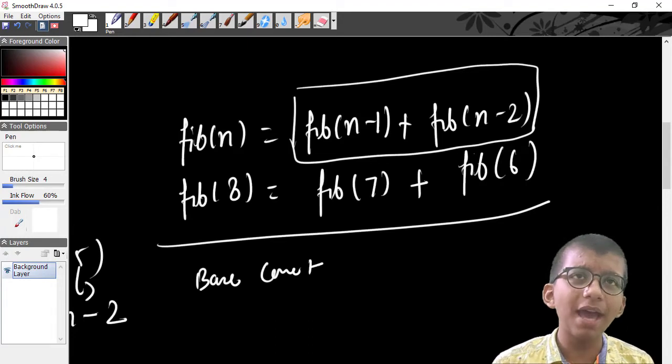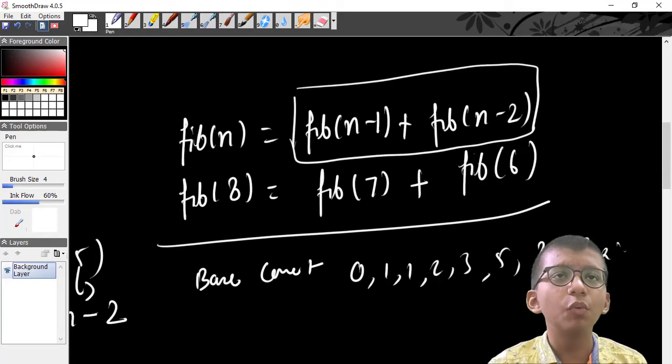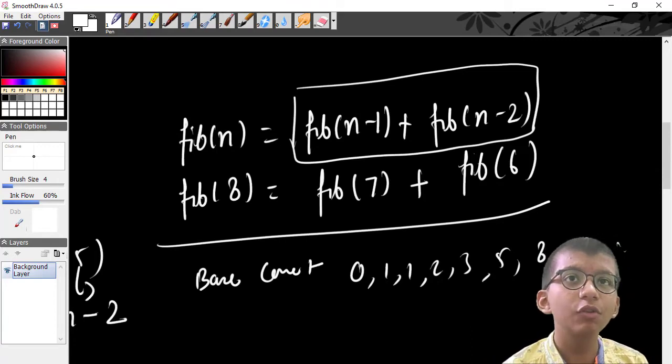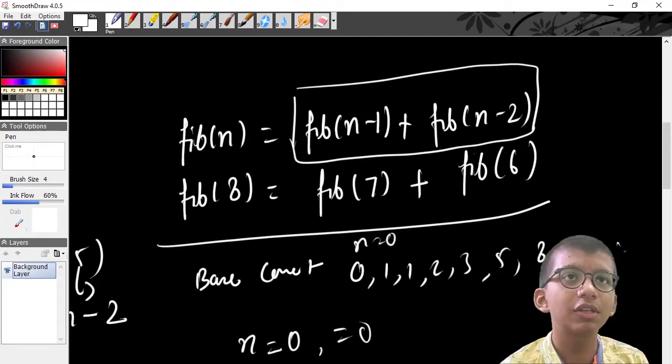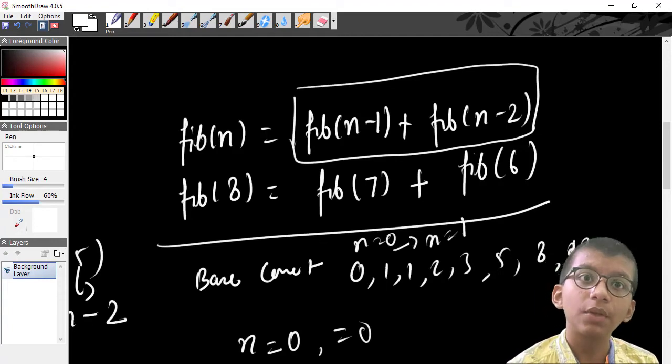Here you can see in the pattern 0, 1, 1, 2, 3, 5, 8, 13, 21, and on. So what is the base case here? We know that if n equals 0, we want to give 0, and n equals 1 gives 1.